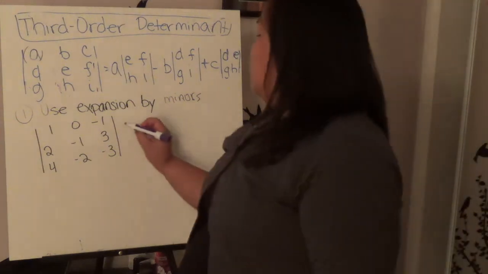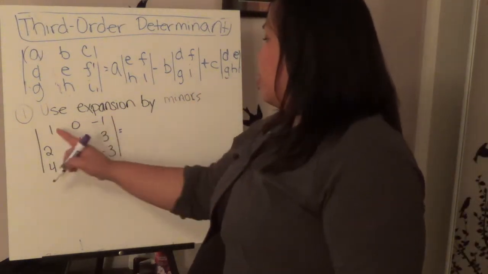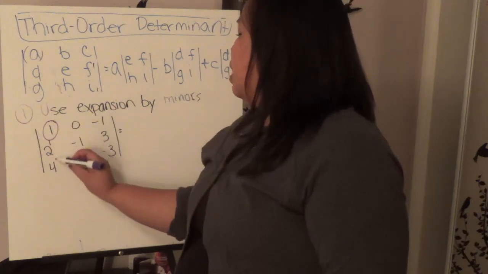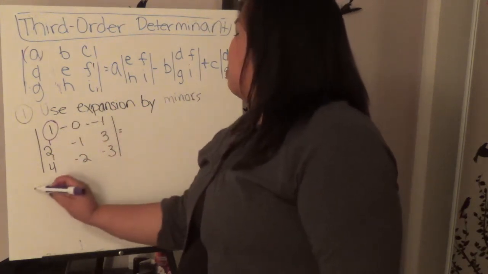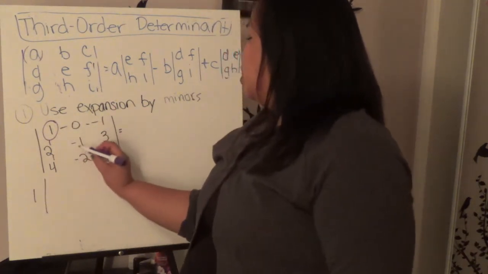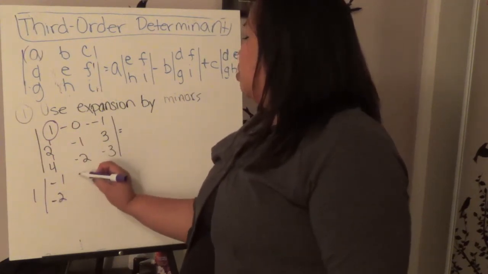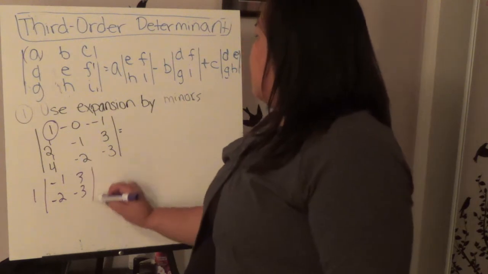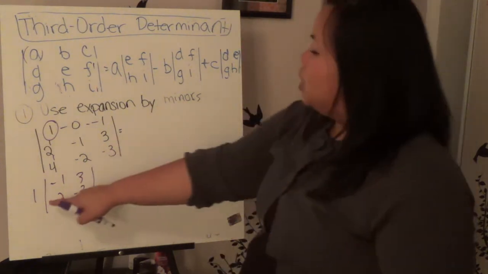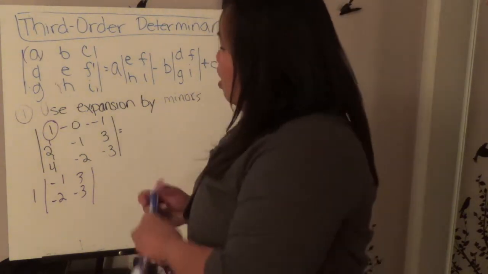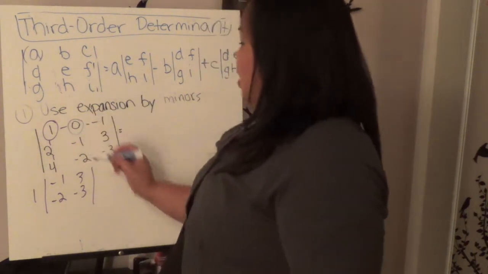So let me show you what that looks like. We're going to have 1. I'm going to eliminate 1, so that means I'm going to do 1 times this left over: -1, -2, 3, and -3. And I'm going to do the opposite. This is positive, so the next one is going to be a negative. This one is B, which is my 0.